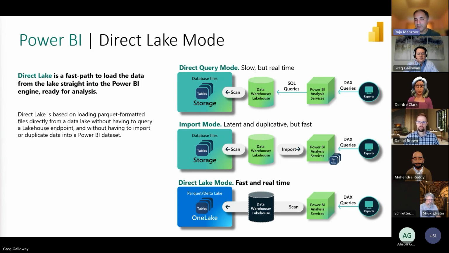That's one of the great features that I'm really excited about. And as you think about adopting Fabric, that might be a really good place to start exploring Direct Lake mode in Fabric.